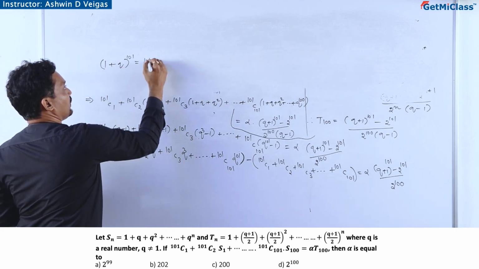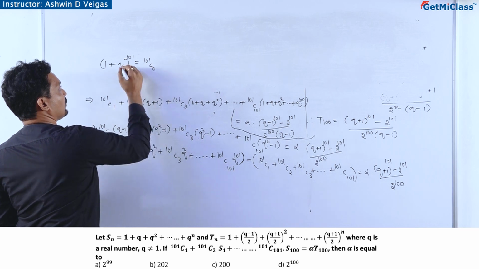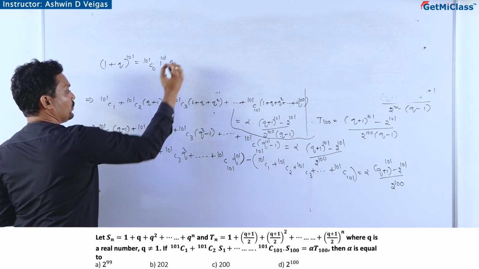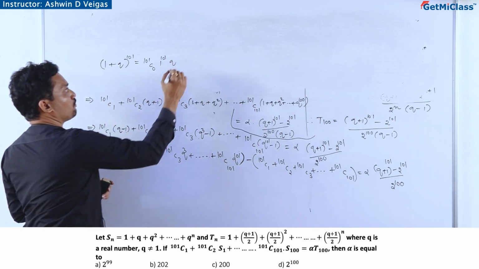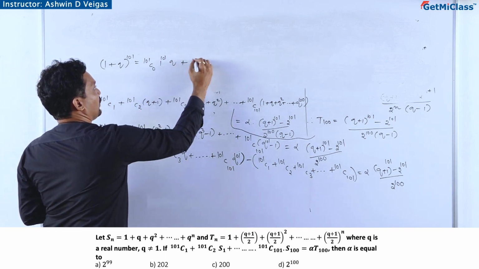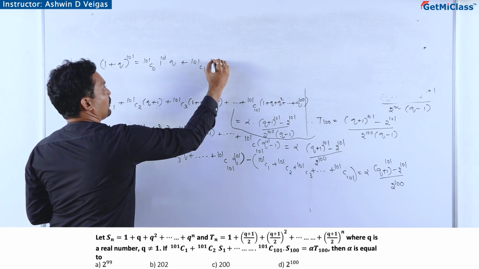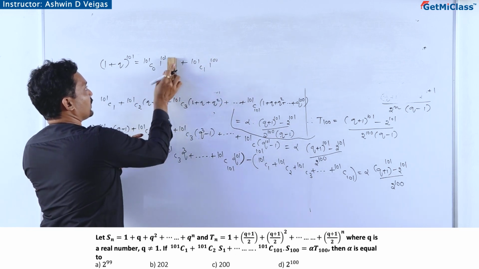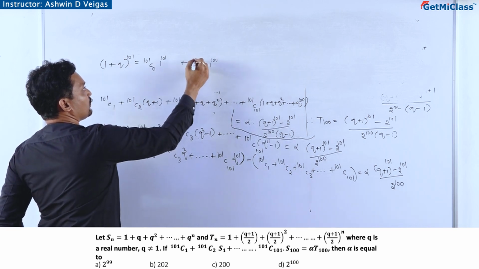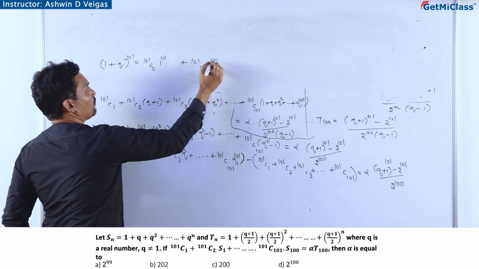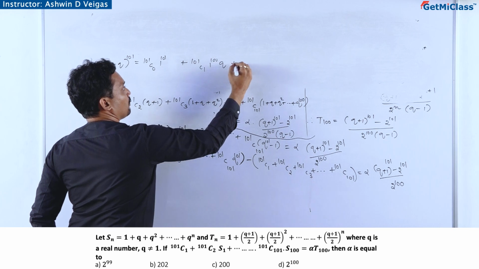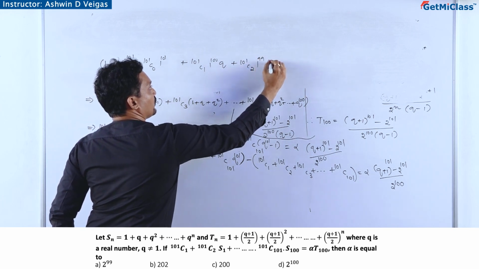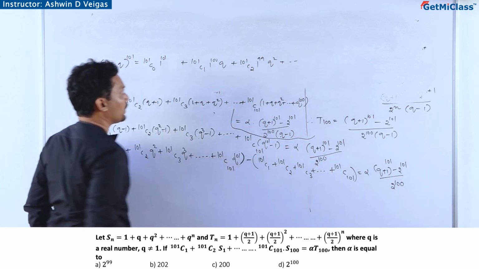This is actually 101C0 1 power 101 into q, plus 101C1 1 power 100 into q, plus 101C2 1 power 99 into q square. This is how the expansion goes.